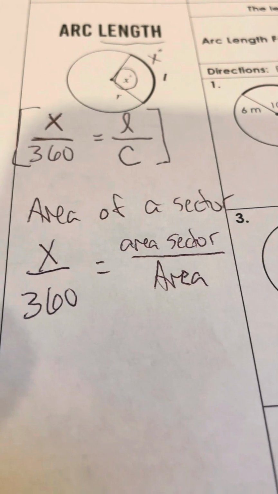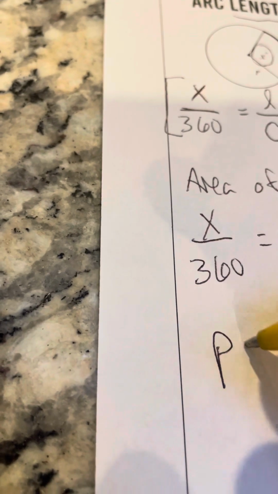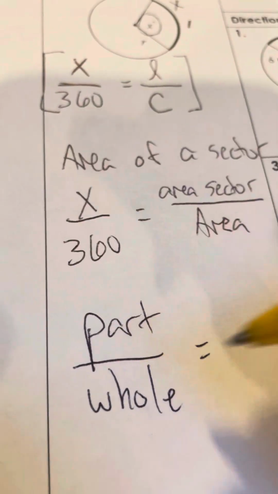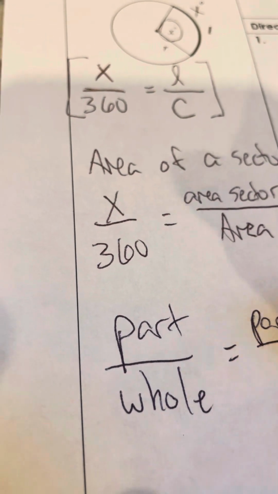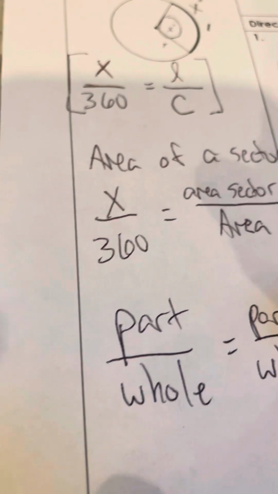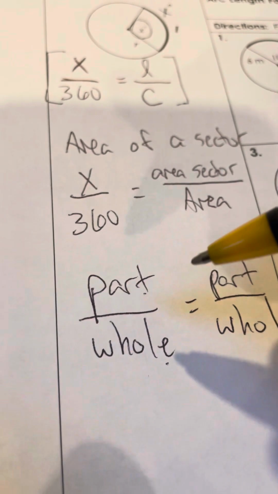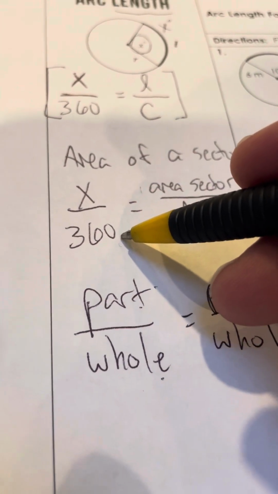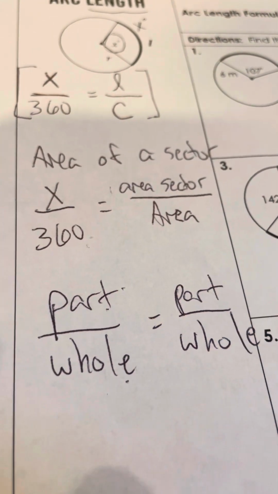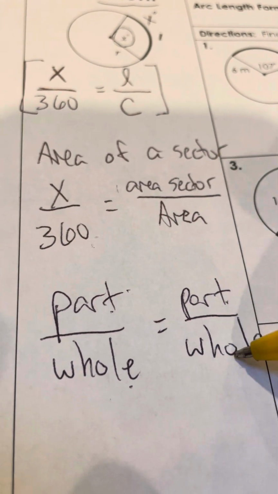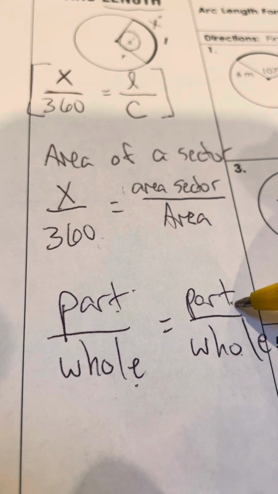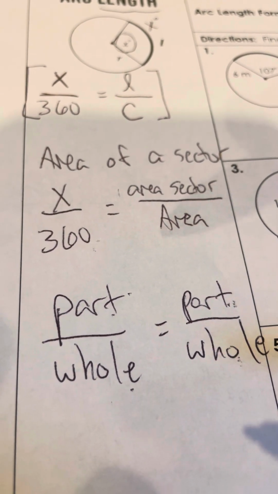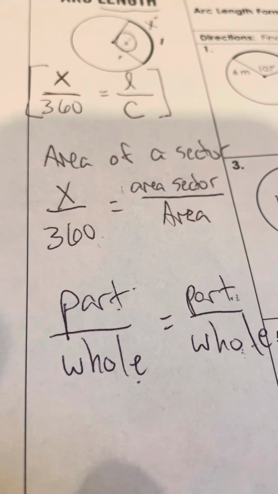Okay? So think part over whole is equal to part over whole. So this part to whole is going to be the angle over 360 because 360 degrees is the full circle's measure. And then this part to whole is the part we're looking for, either area of a sector or arc length over the entire circumference or area.